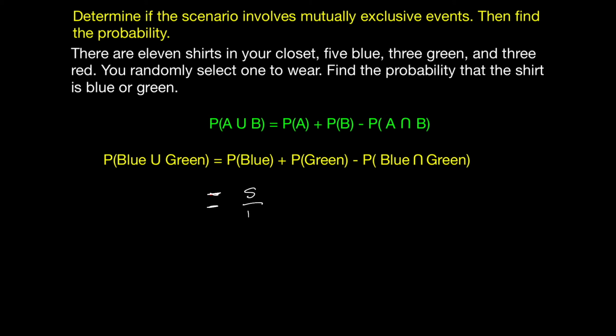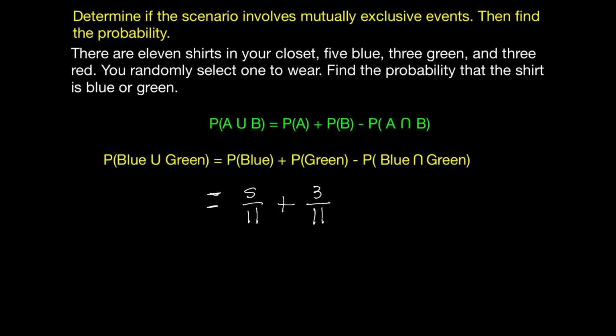So I can put 5 over 11 plus the probability of green. And the probability of green is going to be 3 since I have 3 green shirts. And I'm going to divide by 11 since that's my sample space. Those are my number of possibilities.